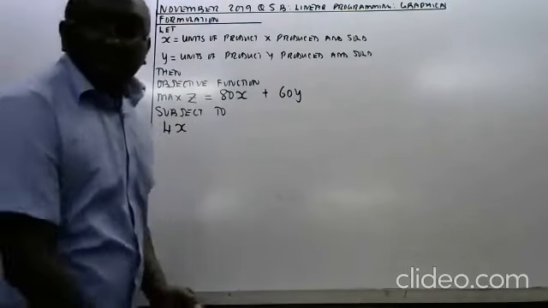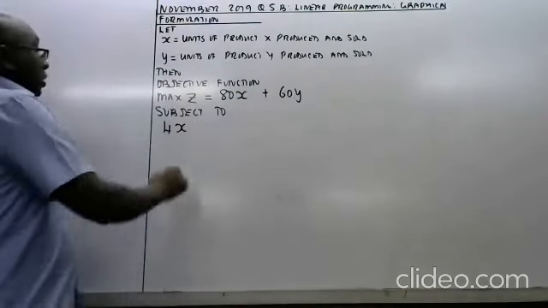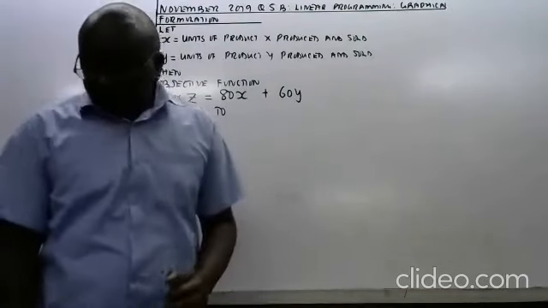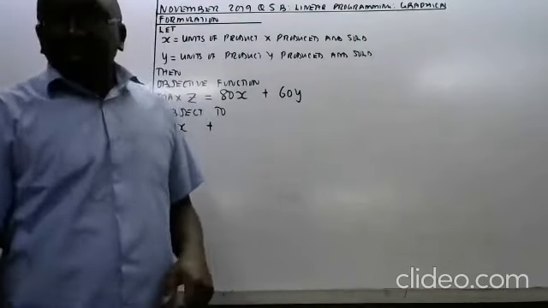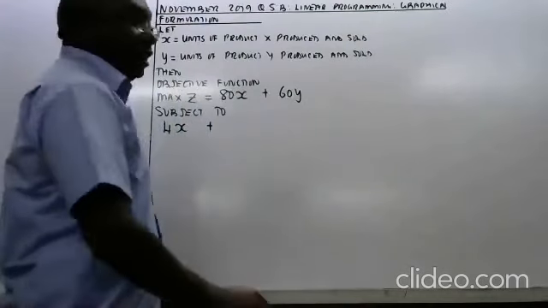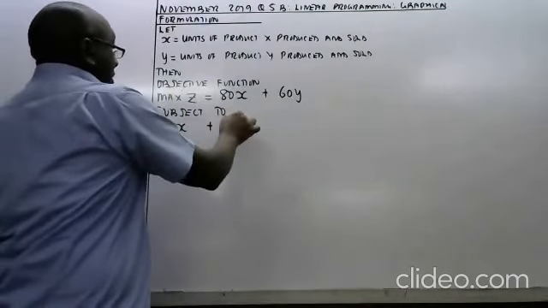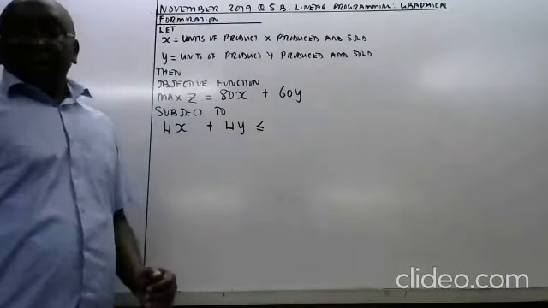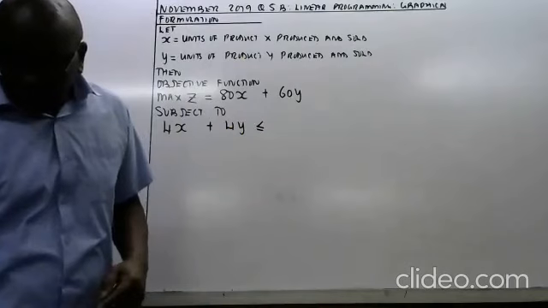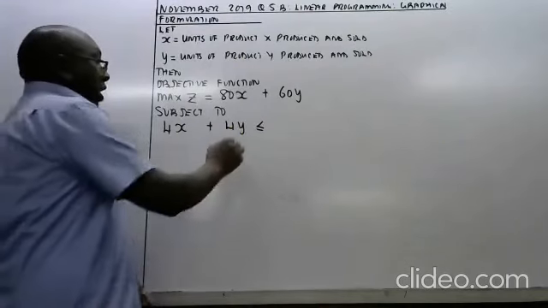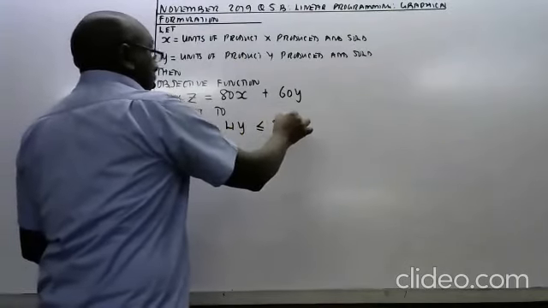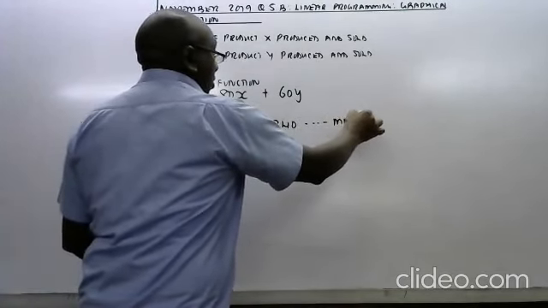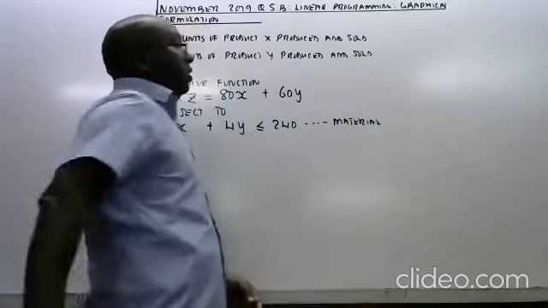Are you okay now, Halima? Good. So if that is true, then for y, how many kilos have been used? They are also 4. So 4y is less than or equal to 240, since material has 240. So this is material.